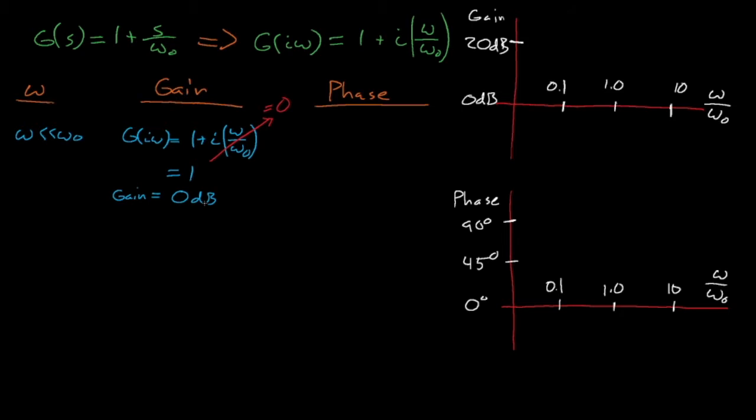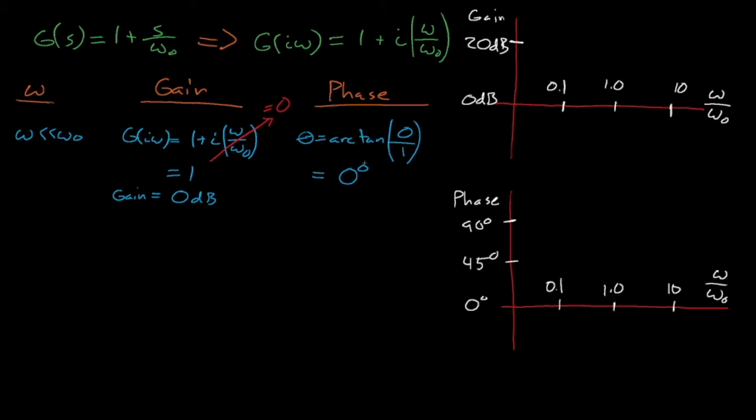Because our function is again roughly equal to 1, the phase of our function is equal to the arctan of its imaginary component, which is approximately equal to 0, divided by its real component, which equals 1. Thus, the phase of this function for smaller values of omega is roughly equal to 0 degrees.